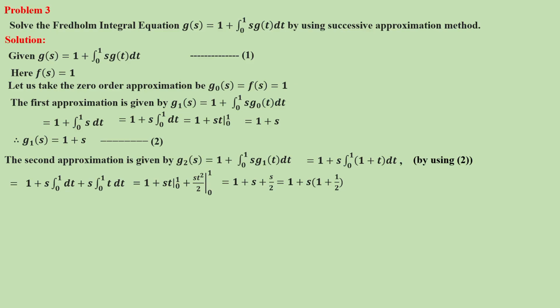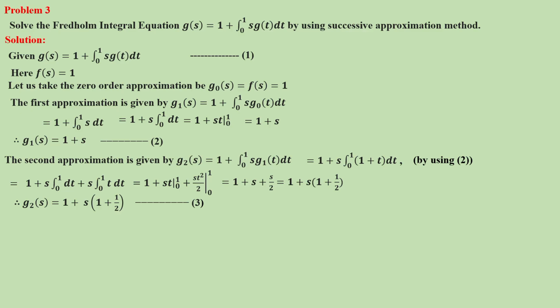What will be the third approximation, the fourth approximation? That is why we are keeping 1 plus 1 by 2 as it is. If you group that, it is very difficult to identify the next approximation, right? So therefore g2 of s is equal to 1 plus s into 1 plus 1 by 2, that is equation number 3.